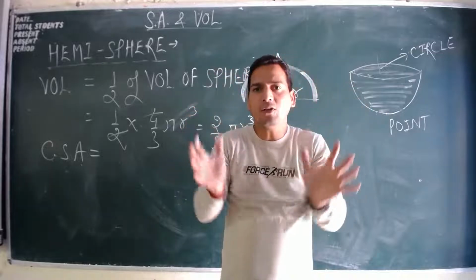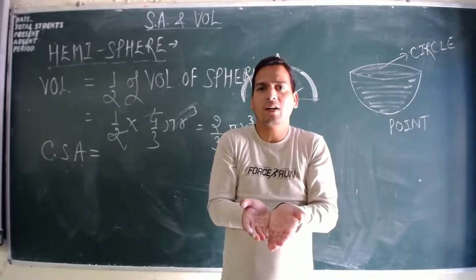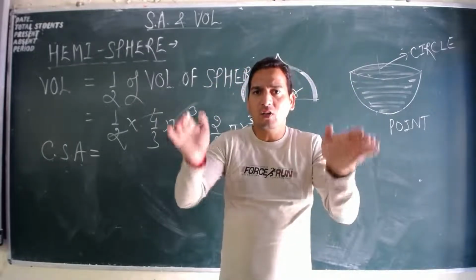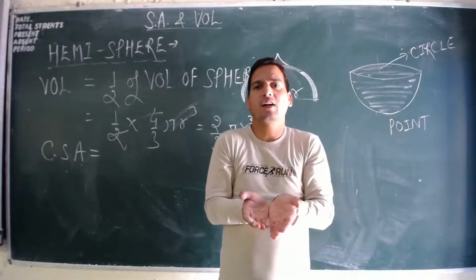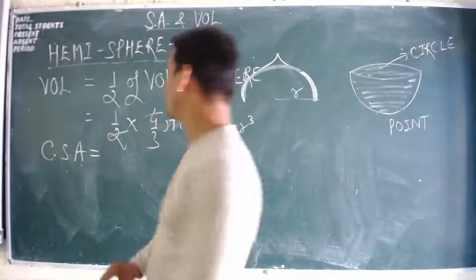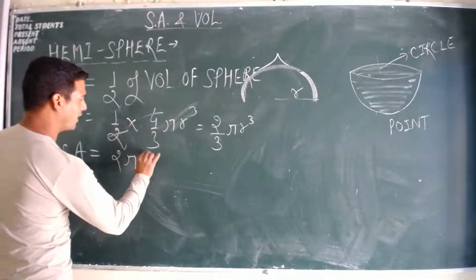So the complete surface area is 4 pi r square, so half will be 2 pi r square. So the curved surface area of a hemisphere is 2 pi r square.